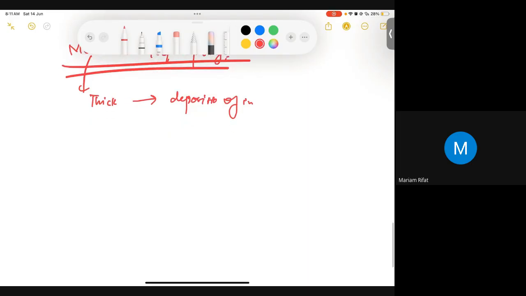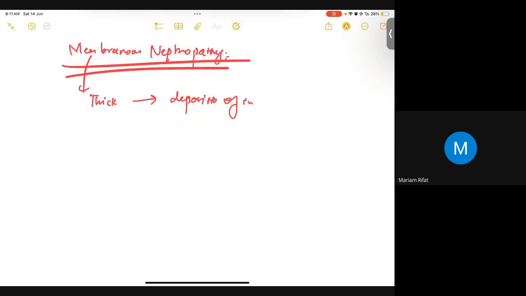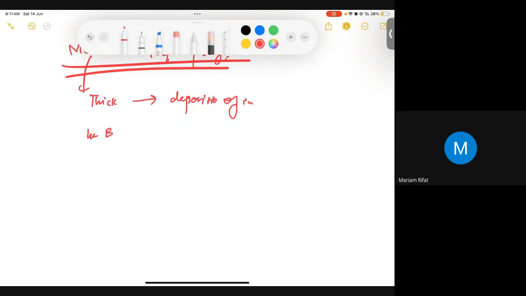But the antigens which you can remember here are hepatitis B, hepatitis C, some tumors, and SLE. Some drugs as well, NSAIDs and penicillamine, right? So these are the things which you have to memorize.